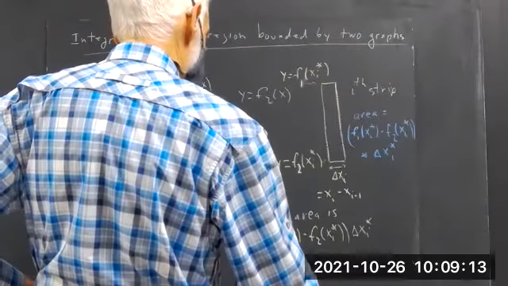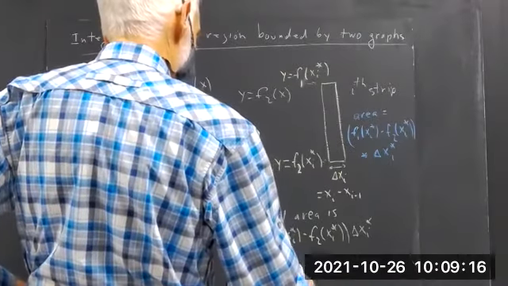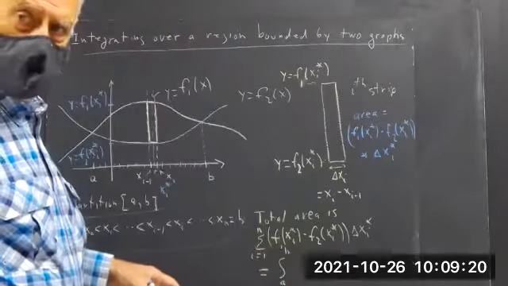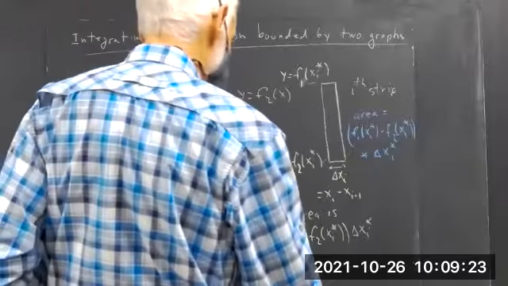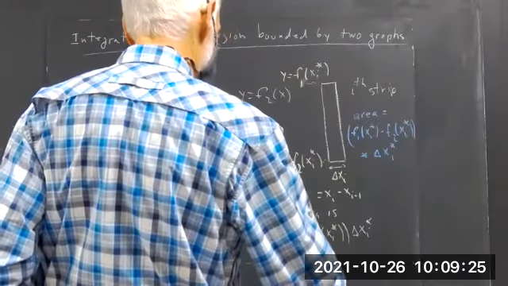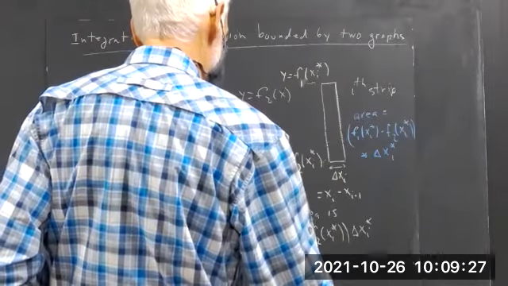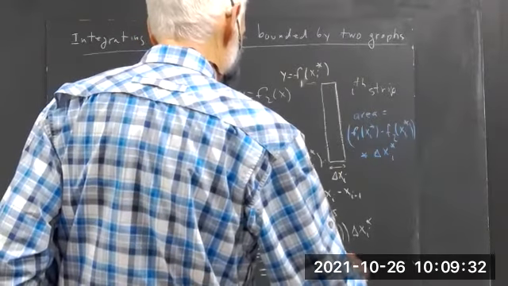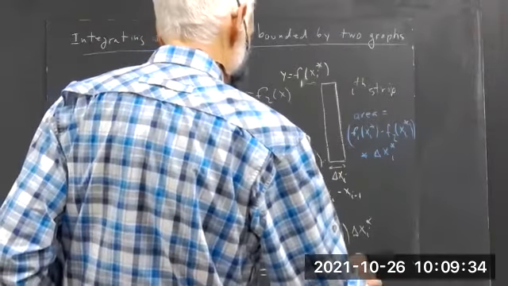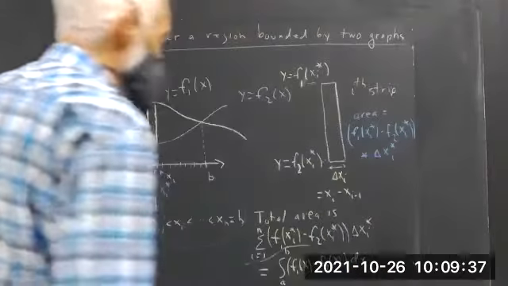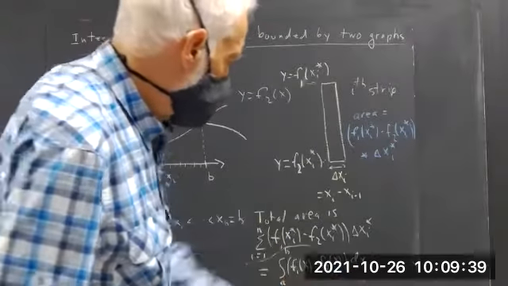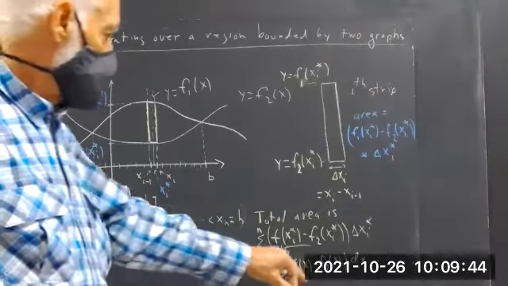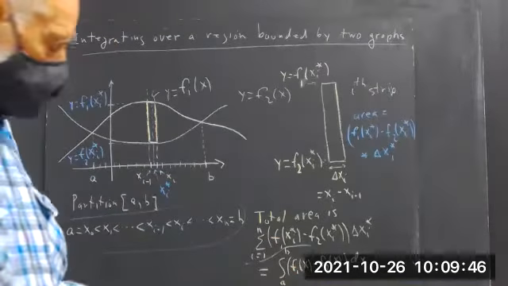Well, it turns out that's just the integral from a to b of f1 of x minus f2 of x dx. So the area integral is pretty straightforward.